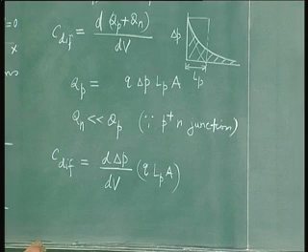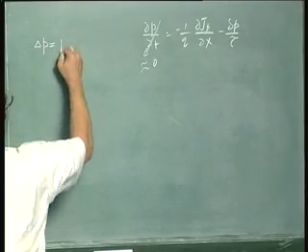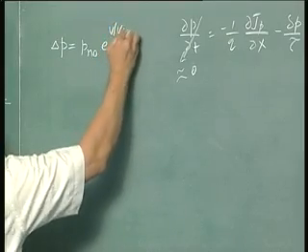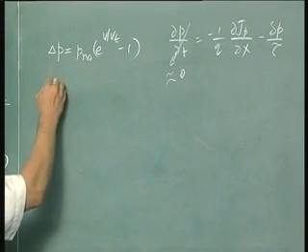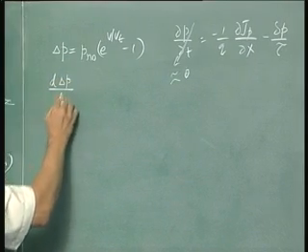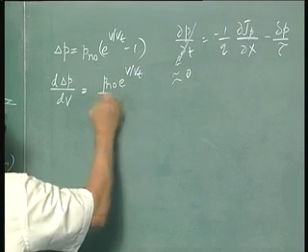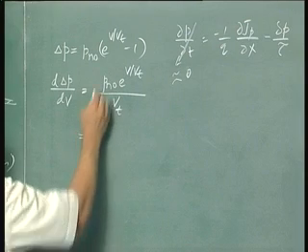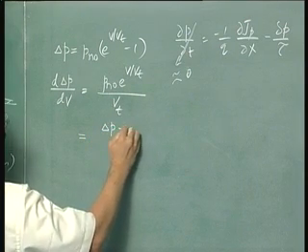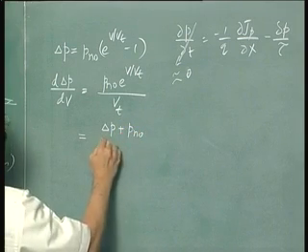Now we know the expression for delta P as a function of V, that is delta P is equal to Pn0 times exponential of V by Vt minus 1. So if you differentiate this with respect to V, you will get Pn0 exponential of V by Vt divided by Vt, and which you can write as delta P plus Pn0 by Vt.